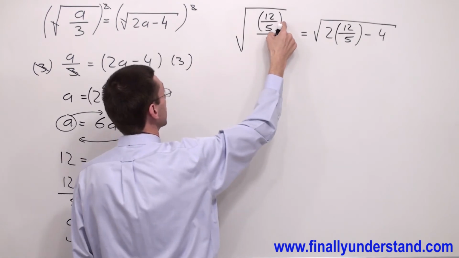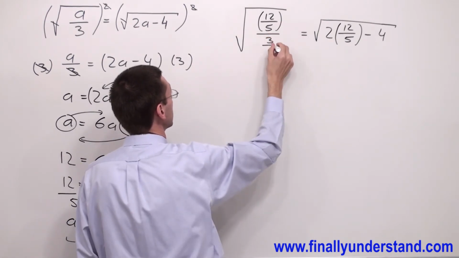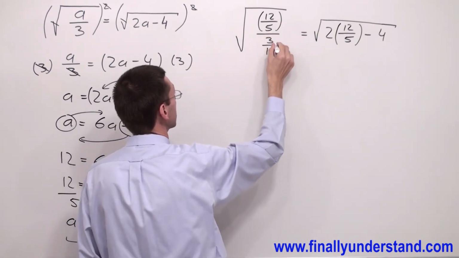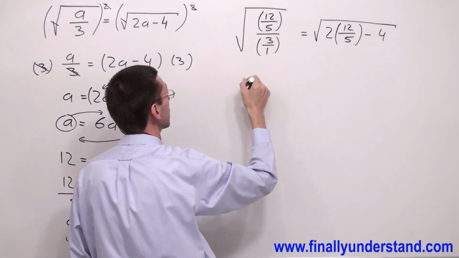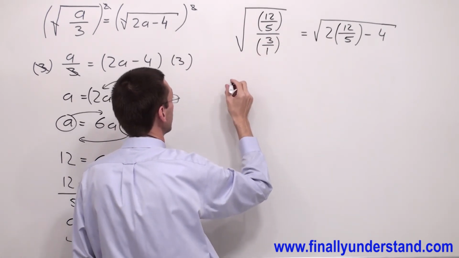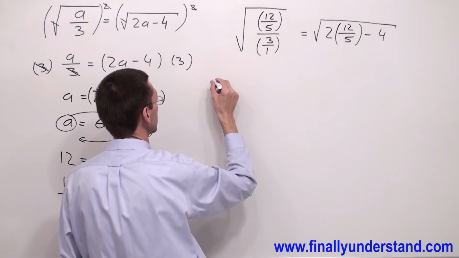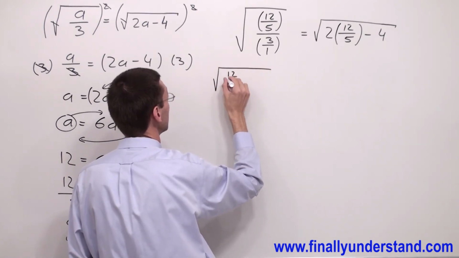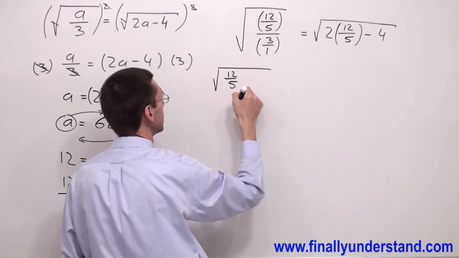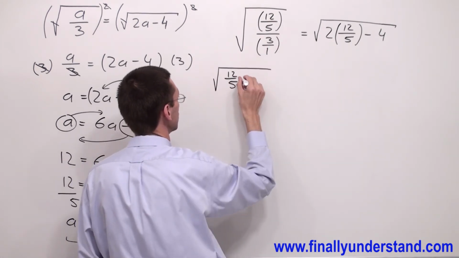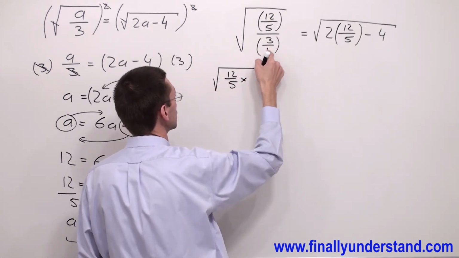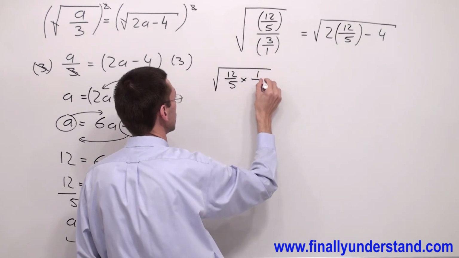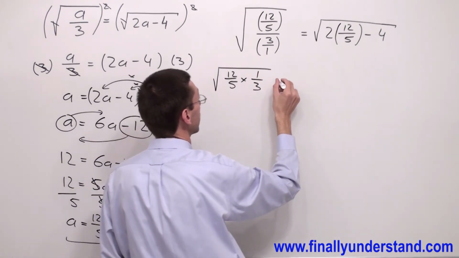Because I have a fraction in the numerator, I'm going to convert the denominator also to a fraction. Now, remember, anytime we divide fractions, we have to copy the first fraction, change the division sign to multiplication, and find the reciprocal of the second fraction, which is 1 over 3.